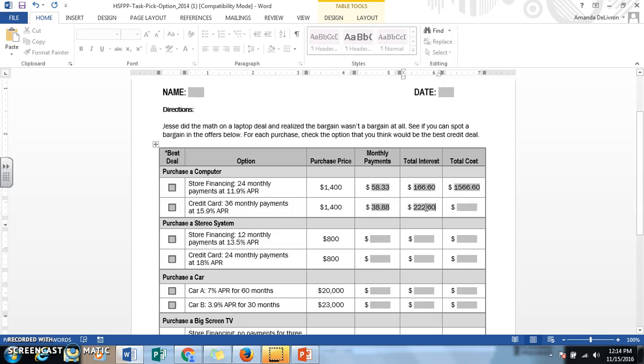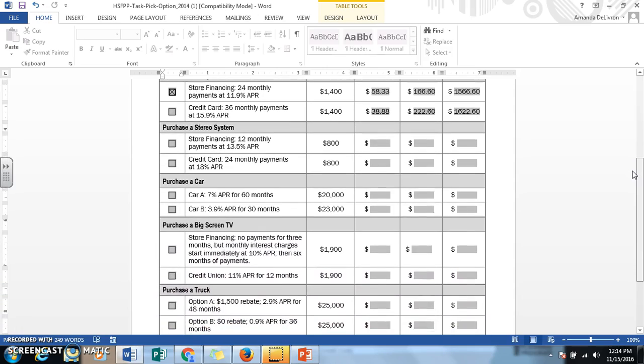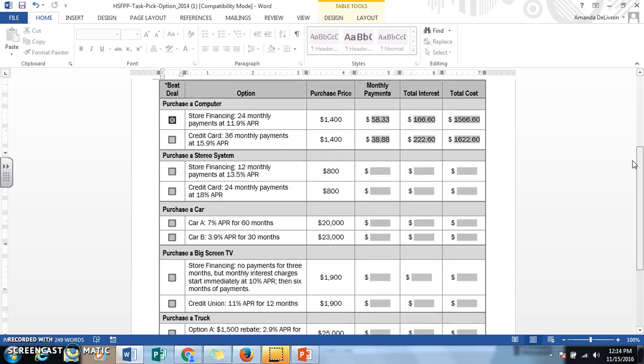And when I add the total interest and the purchase price, it's $1,400 plus $222.60, I get that I would actually be paying $1,622.60. So the total cost, it's cheaper to use store financing than it would be to be using the credit card.